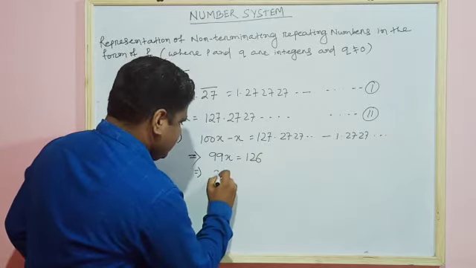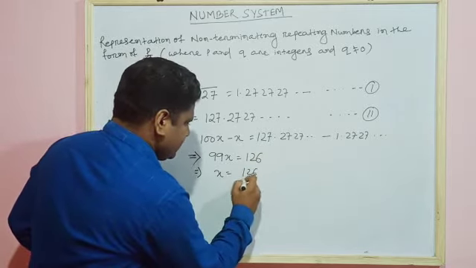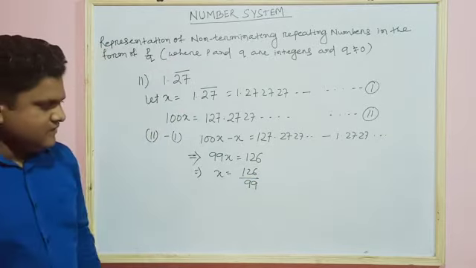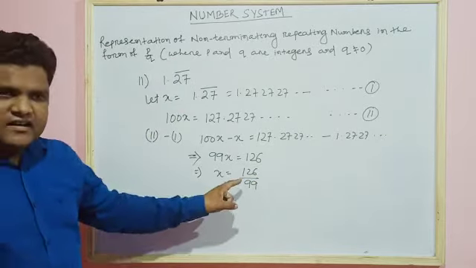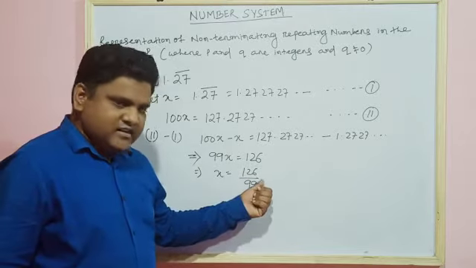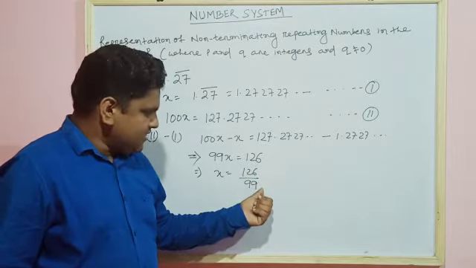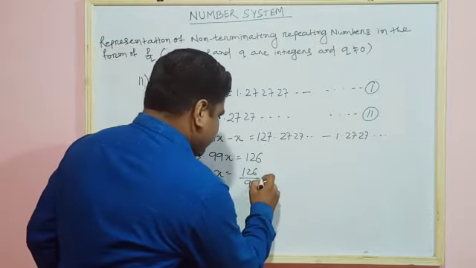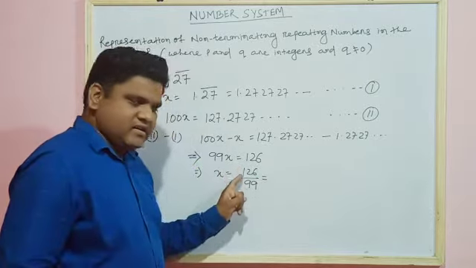So x will be equal to 126 divided by 99. Is there any same factor in numerator and denominator? Yes, it will be 9. We can eliminate 9 from numerator and denominator.